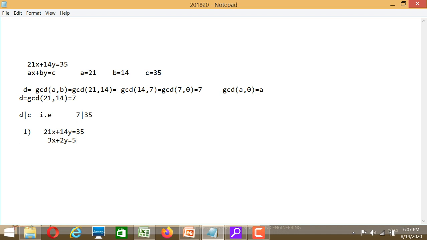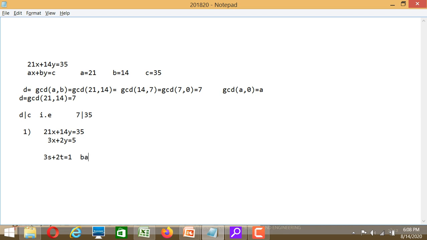Now find s and t values using the extended Euclidean algorithm, such that 3s plus 2t is equal to 1.